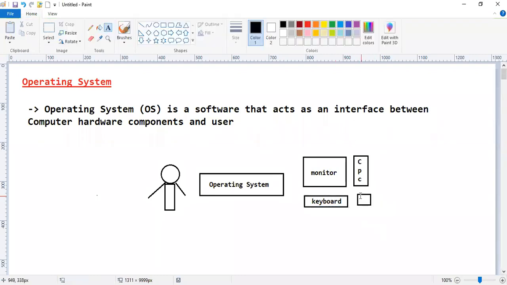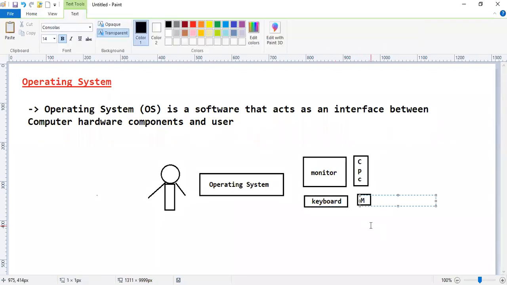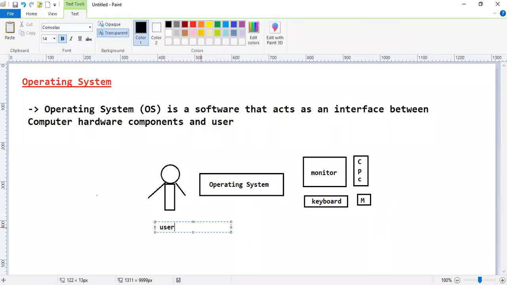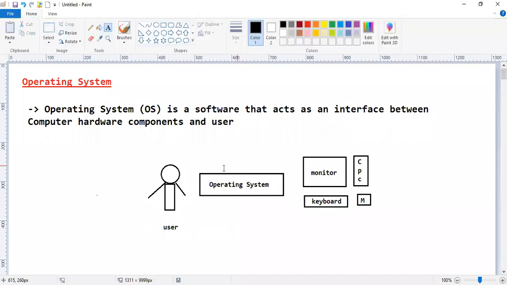These are all hardware components. Now, as a user, I want to communicate with the hardware components of my computer. In order to do that, I'm going to install one operating system in the computer.